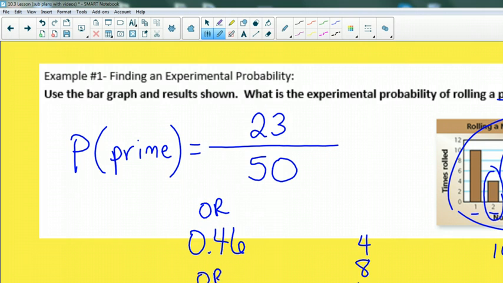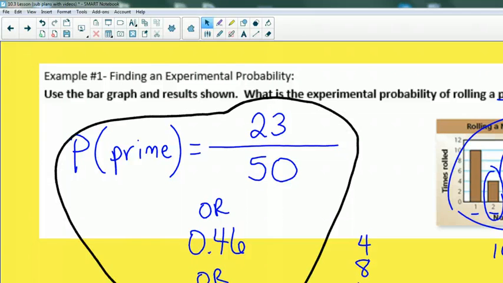Or I could write it as a percent. And the percent of 46/100ths, or 23/50ths, would be 46%. So any of these answers tell me the experimental probability for this situation when I rolled my number dice.